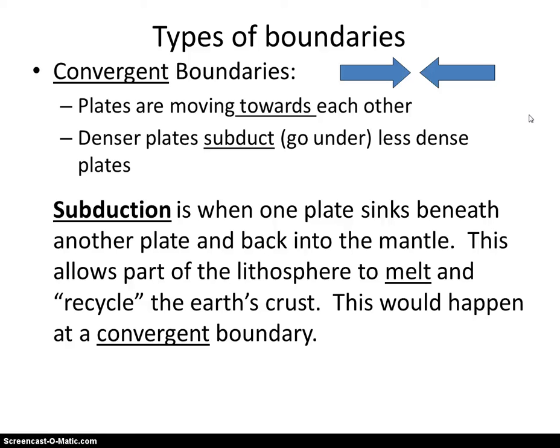Subduction is when one plate sinks beneath another plate back into the mantle. This allows the lithosphere to melt and recycle that part of the Earth's crust, which means we never get new rocks. They've always been melted and turned into other rocks. So subduction only happens at a convergent boundary.